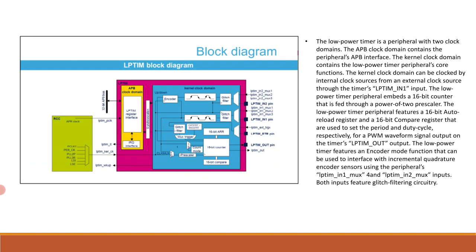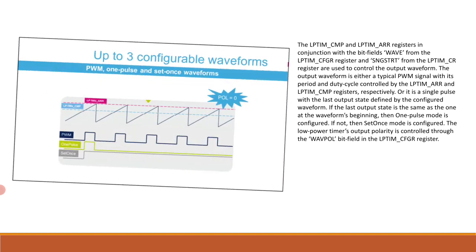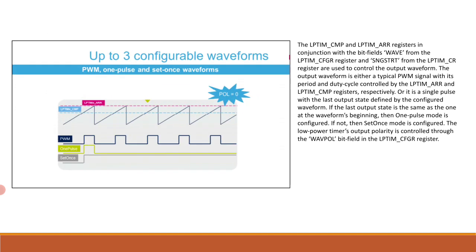Up to 3 configurable waveforms: LPTIM_CMP and LPTIM_ARR registers, in conjunction with the bit fields WAVE from the LPTIM_CFGR register and SNGSTRT from the LPTIM_CR register, are used to control the output waveforms.